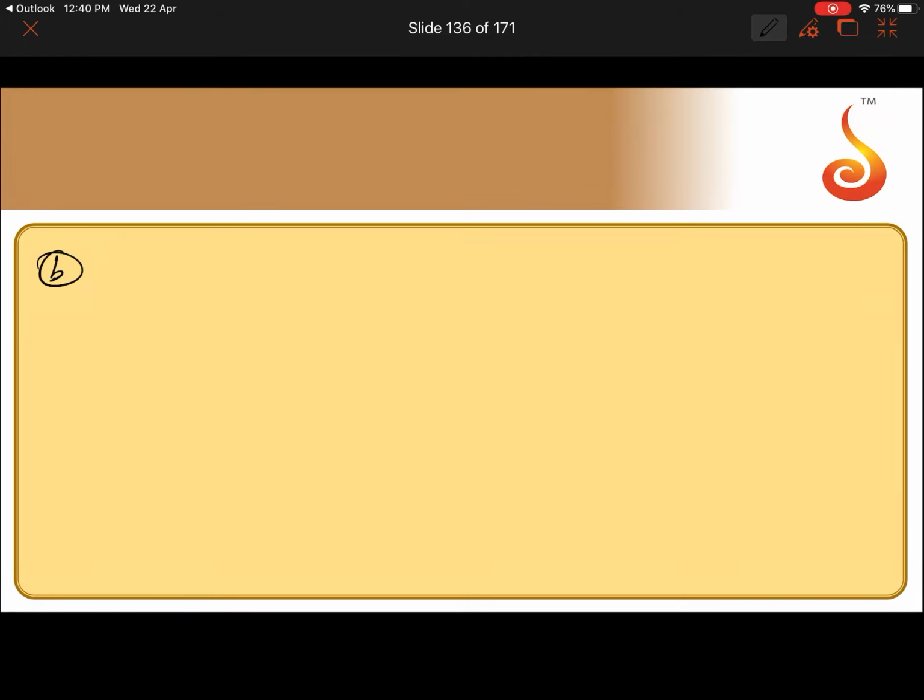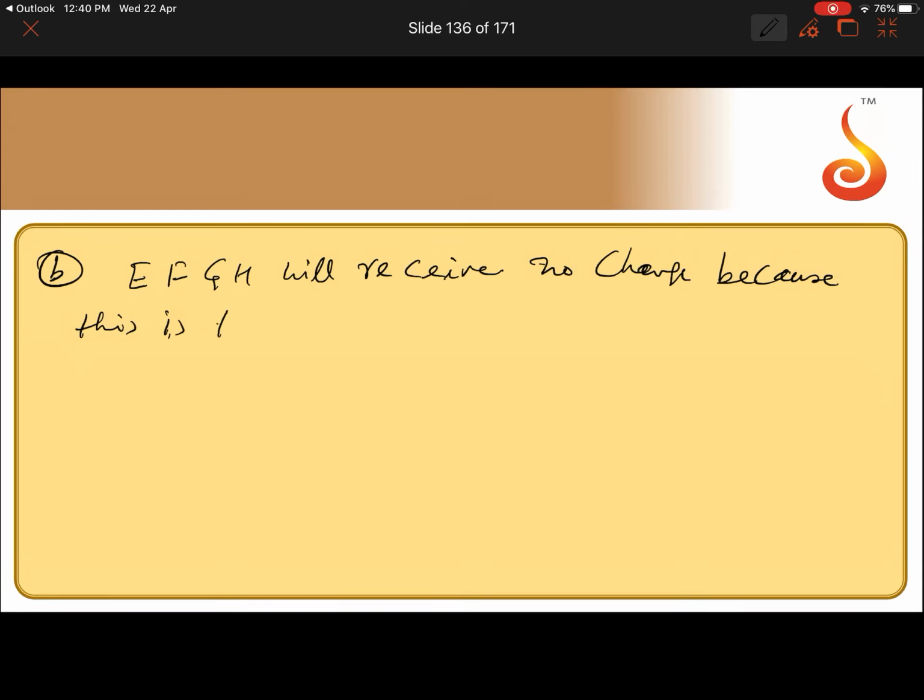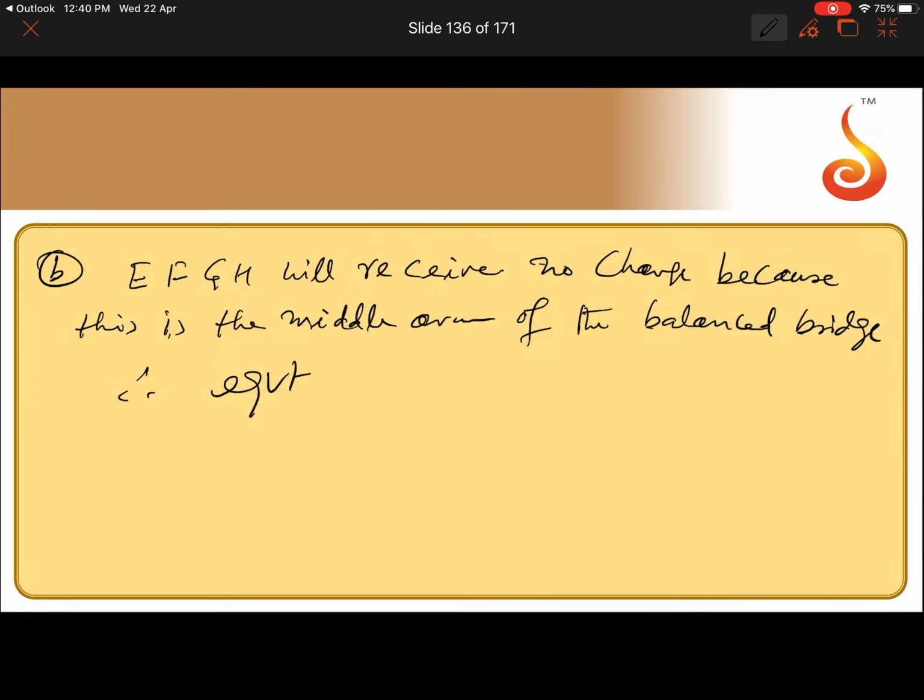Part B of the question. We can see from observation that EFGH will receive no charge, because this is the middle arm of the balanced bridge.